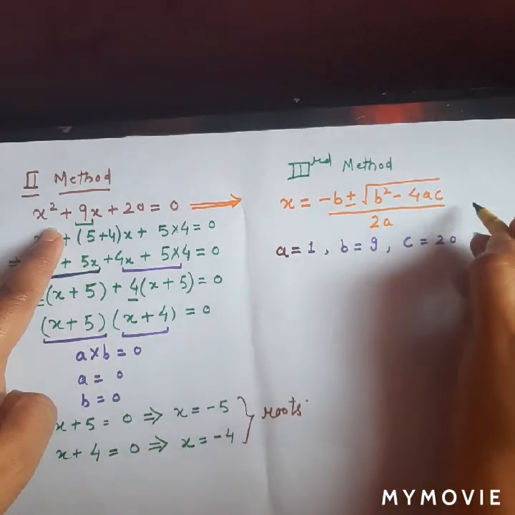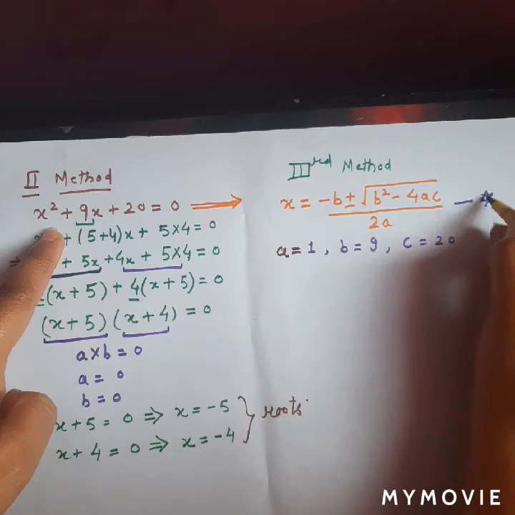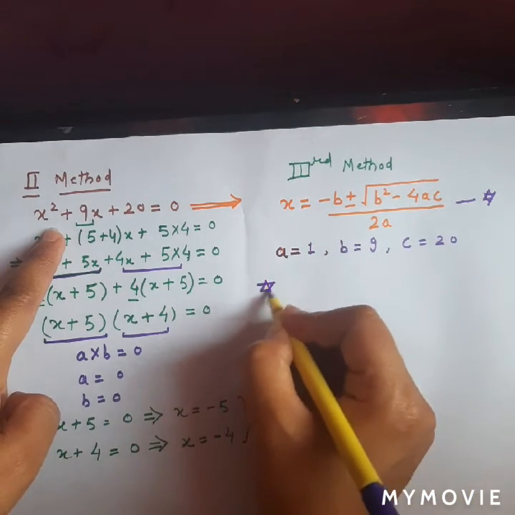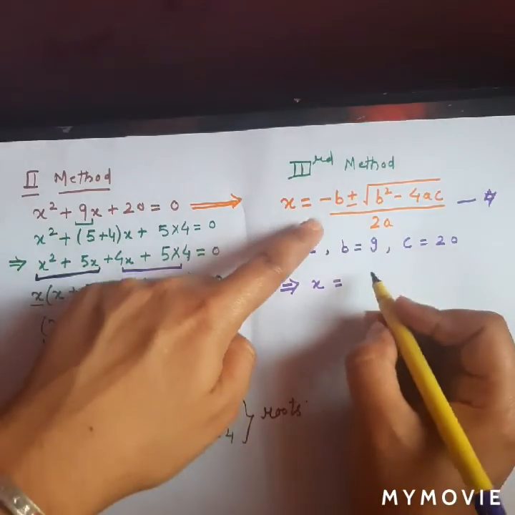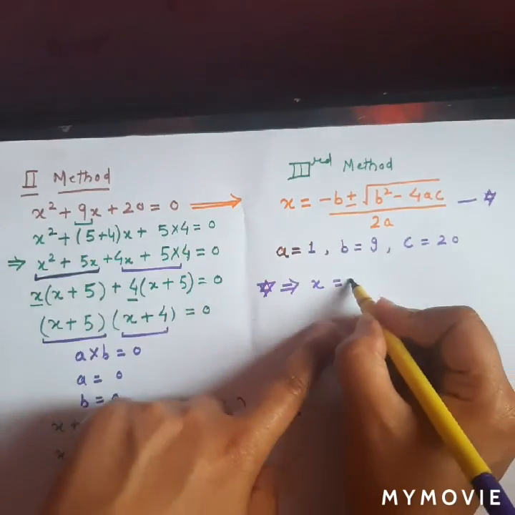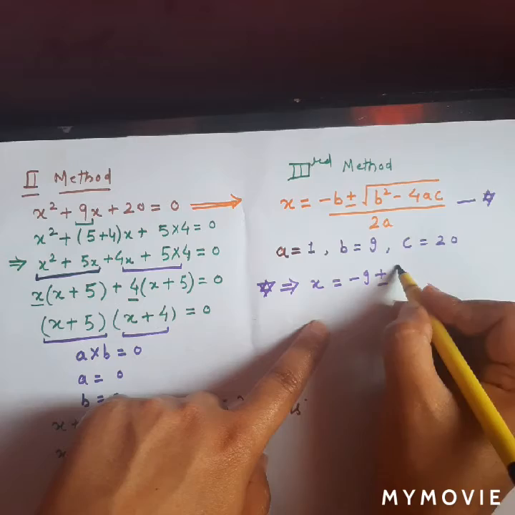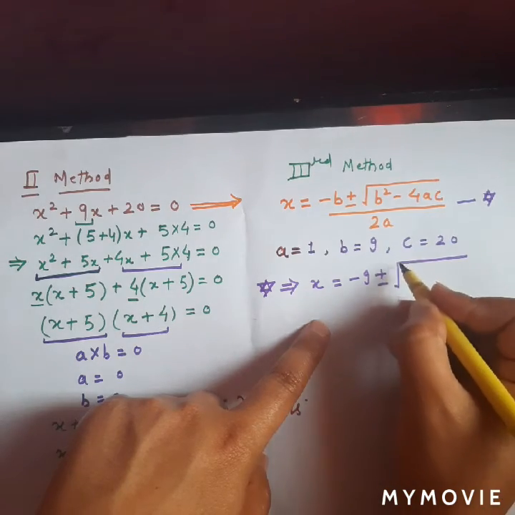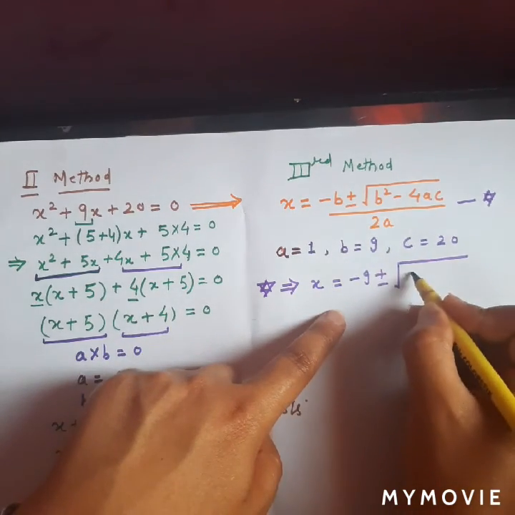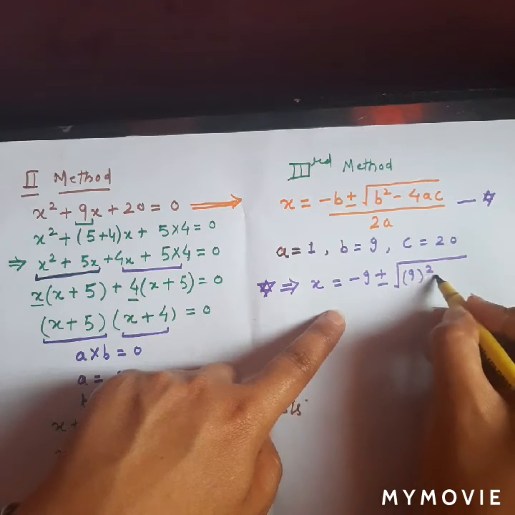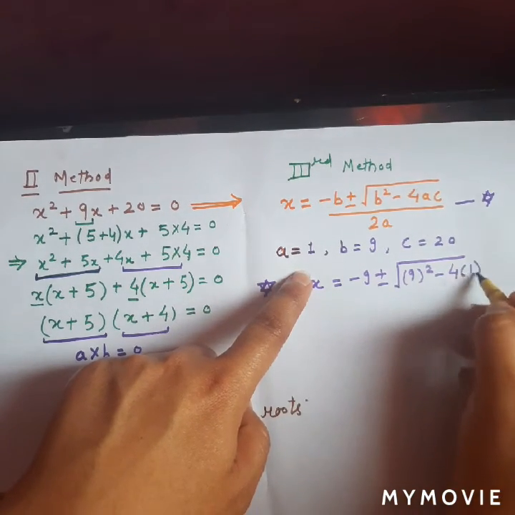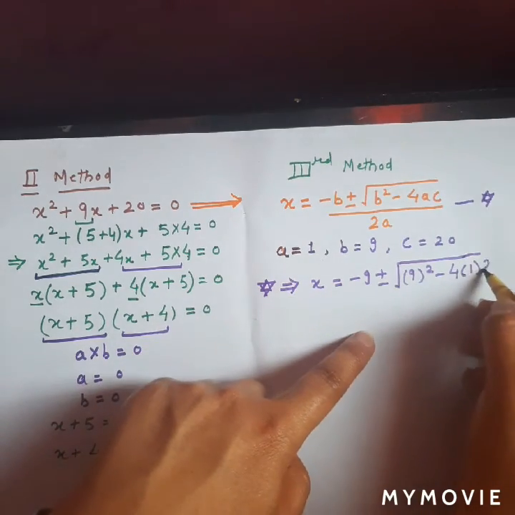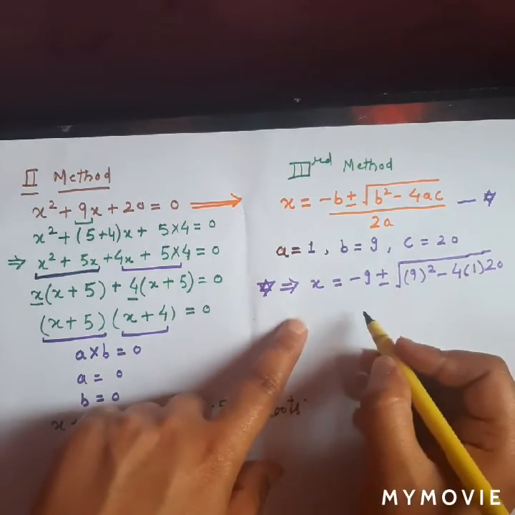We will fill all the values in the star equation, and the value of x is equal to minus b, minus 9, plus minus under root of b square, 9 square, minus 4 into a, which is 1, into c, which is 20, right?